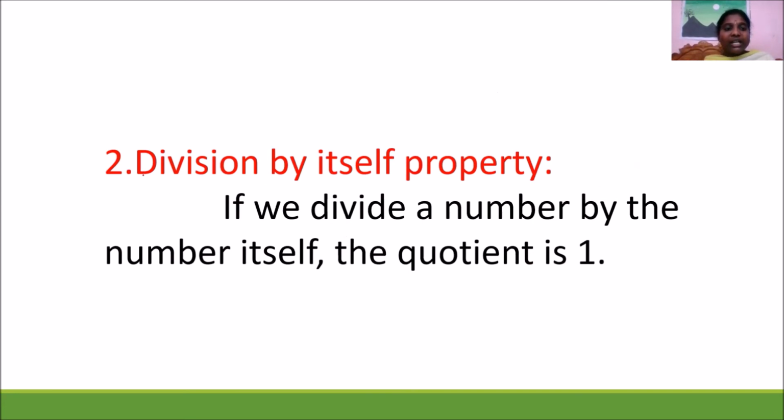The second property is division by itself property. If we divide a number by the number itself, the quotient is 1. Let's see a few examples related to this property.